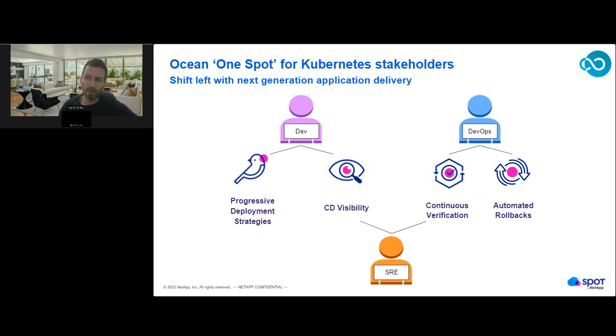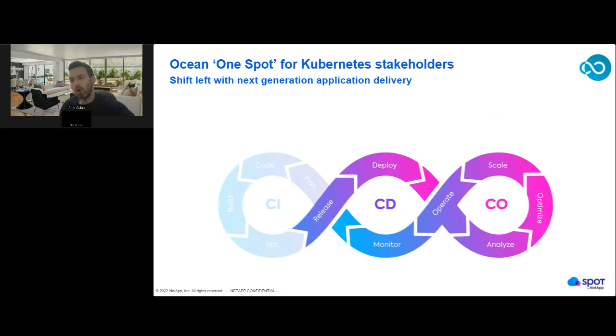The developer wants more understanding of what's going on with his releases. The DevOps engineers ask for a product that can provide safer automations based on metrics. And SREs, of course, want to monitor production environments in real time, see the changes, and investigate critical events. What Ocean CD does is take all these themes and provide them in one place, so all stakeholders have one source of truth for all of the requirements.